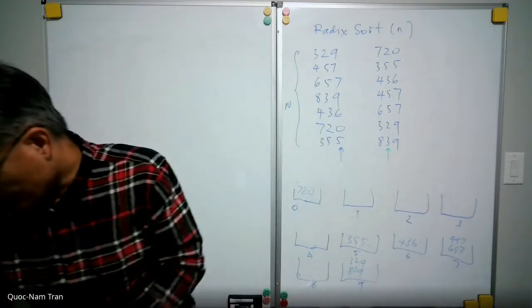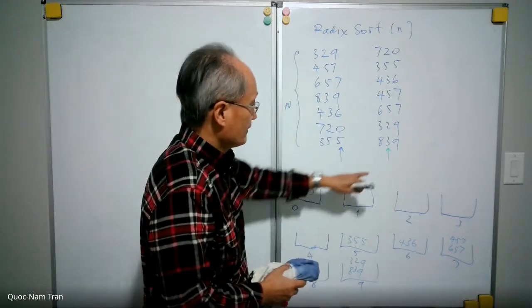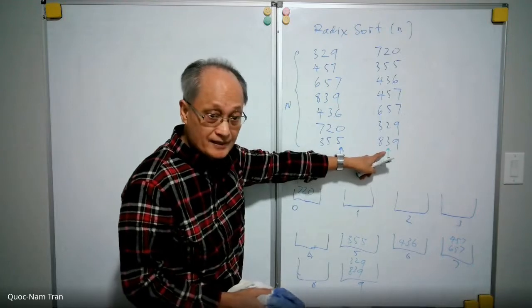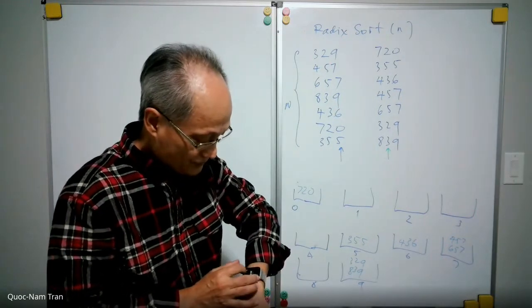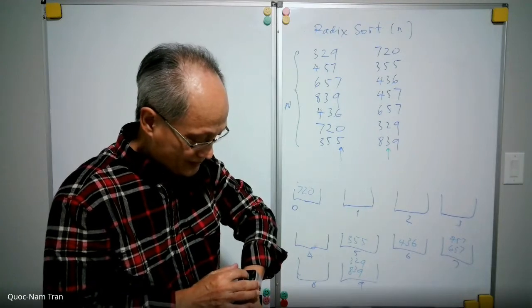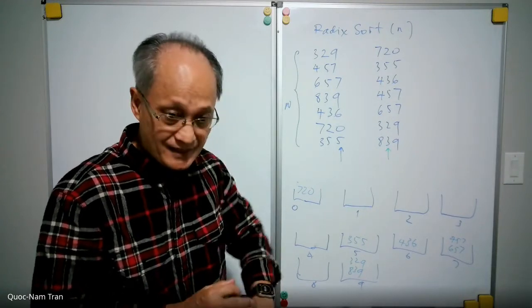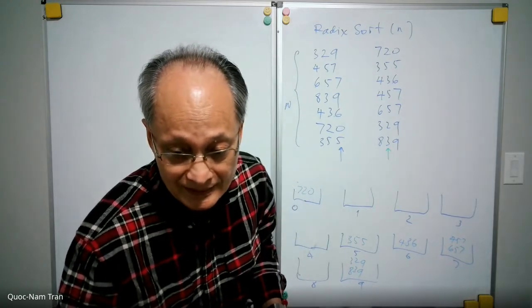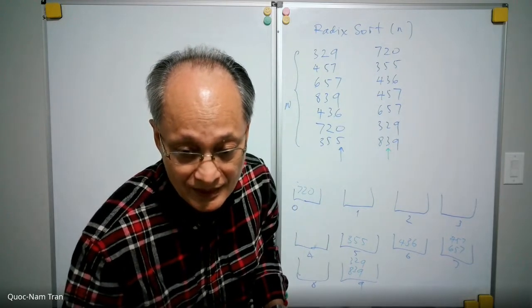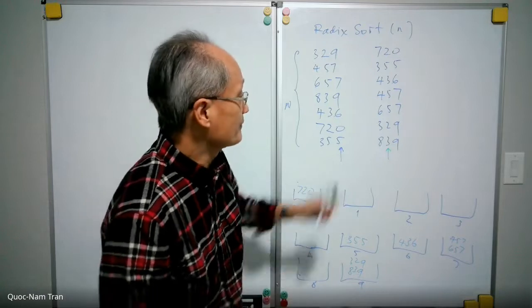So what will you have when you use the second digits? I'll give you about 2 minutes. And after that, just type in the message for what you have.